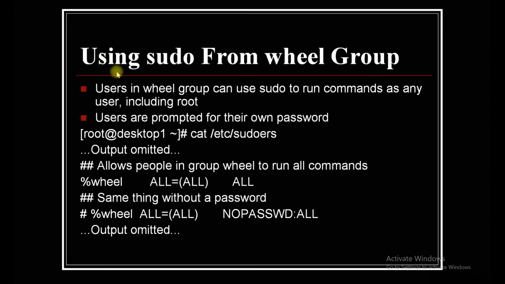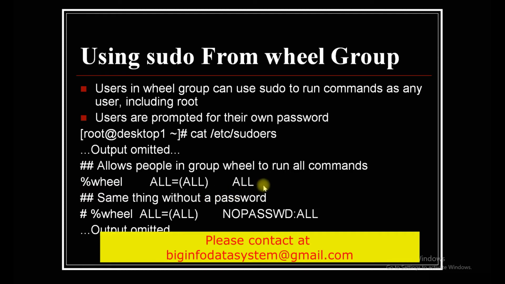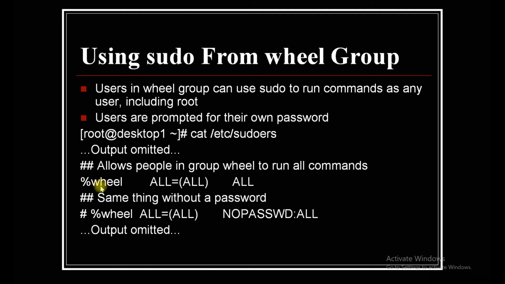Now, using sudo from the wheel group. Let's say this example is given. Let's say you have the /etc/sudoers file and the wheel group having access. Percentage wheel ALL, meaning this wheel group has all the permissions to run as an administrator. So whichever user is inside this wheel group can run any command using sudo.